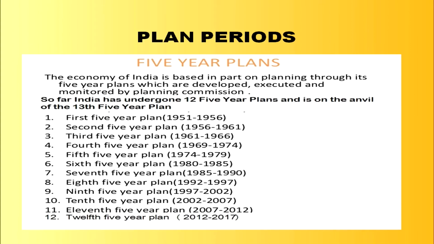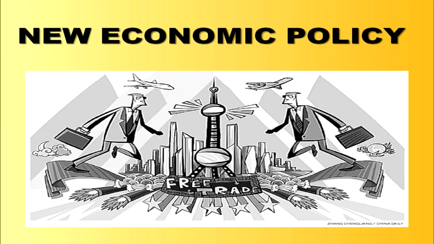With the years given next to it, we can make out that we are just about to finish the 12th 5-year plan and we are on the anvil of the 13th 5-year plan, which is to begin from April 2017.